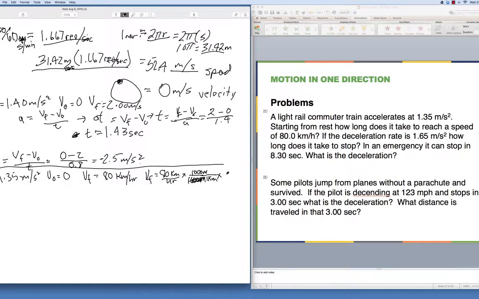and there are 3,600, 60 times 60, seconds in 1 hour.